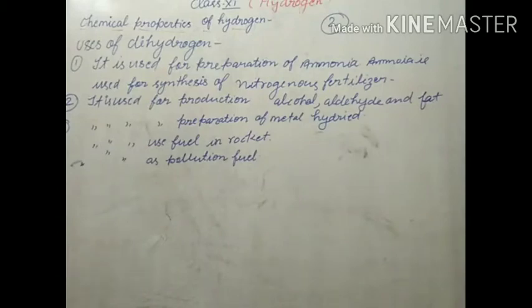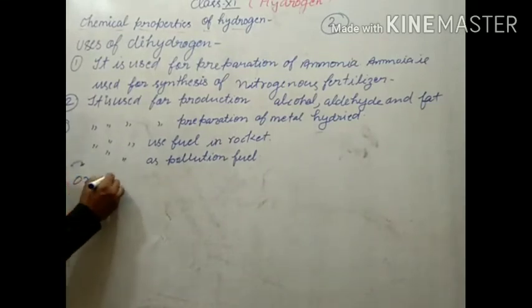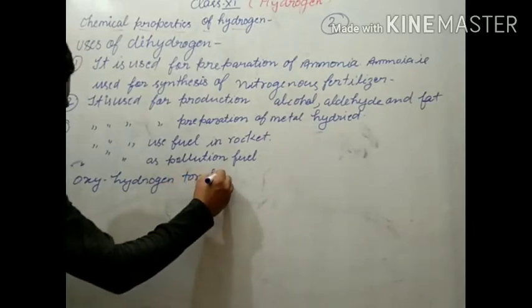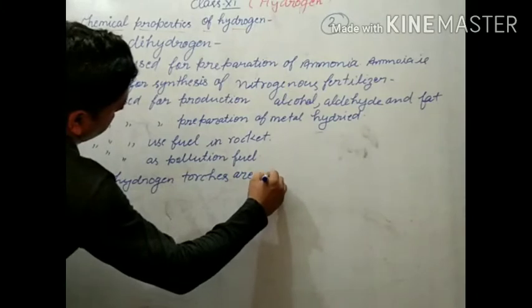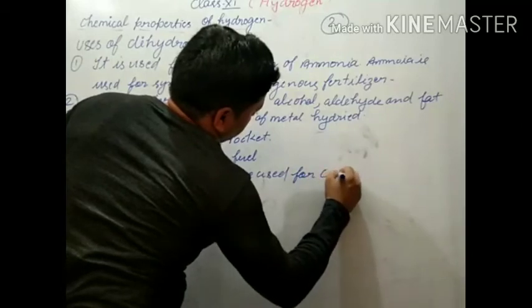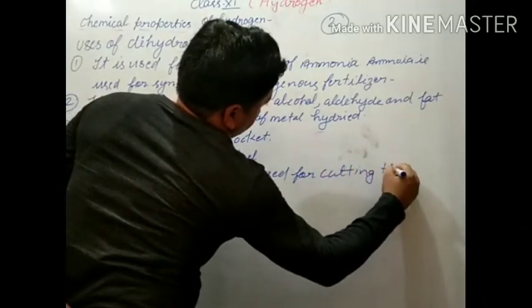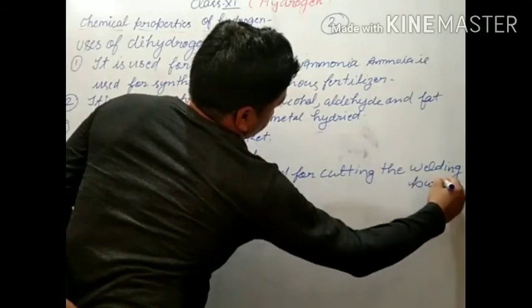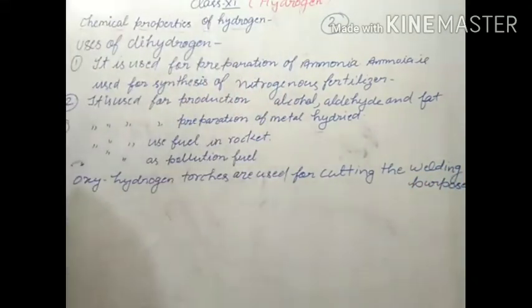And next, oxyhydrogen torches are used for cutting and welding purposes.